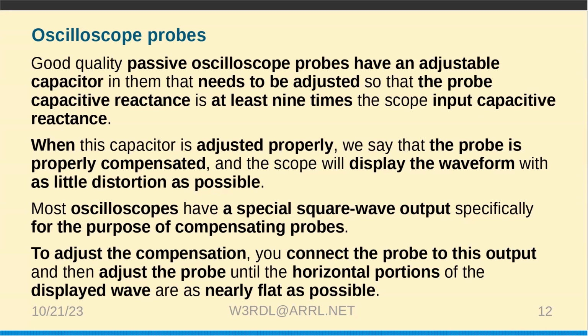A little rectangular box right there just before the BNC. Now, I remember having some probes with a rotating adjustment close to the probe tip. Yep, it did the same thing, but you compensated it that way instead of needing a screwdriver.